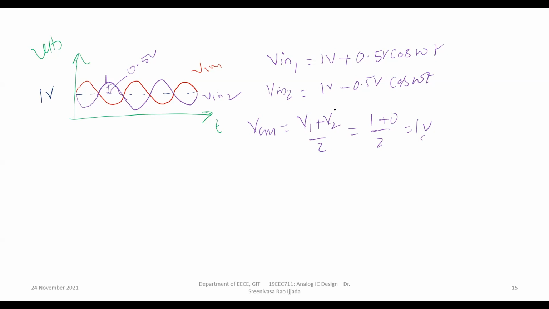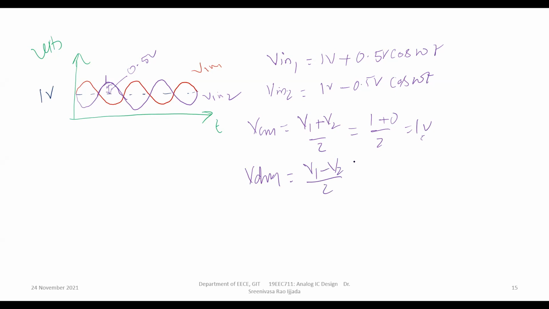Now take VDM, the differential mode value. What is the differential mode value? It is V1 minus V2 by 2.